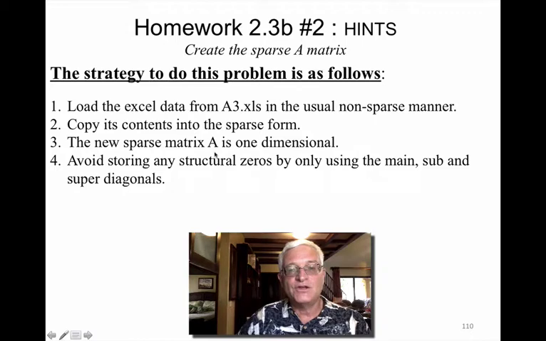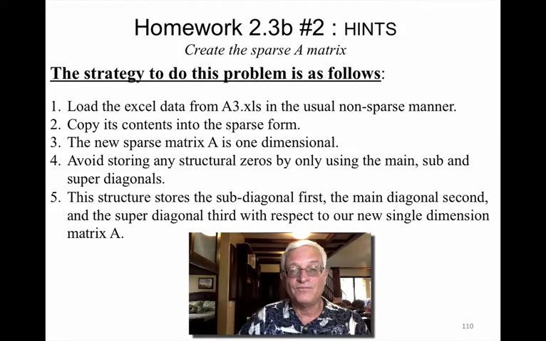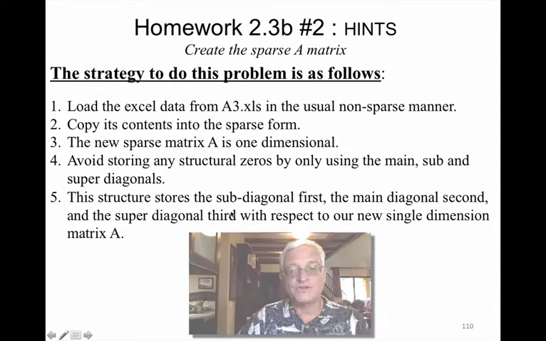And that means you're going to have to load it up in a manner that you don't store structural zeros. Structural zeros are those that are not in the main, super, or sub diagonals. So you're simply going to avoid those altogether. You start with a subdiagonal, then load up the main diagonal, then load up the super diagonal in that order. So they just are butted up next to each other in this single dimensioned array.